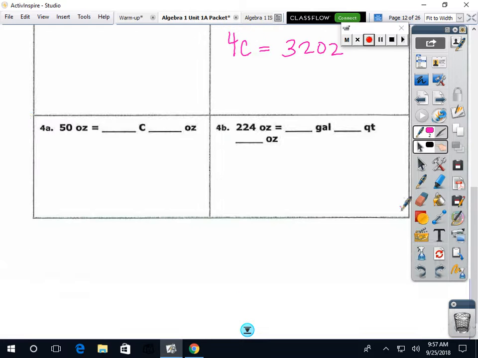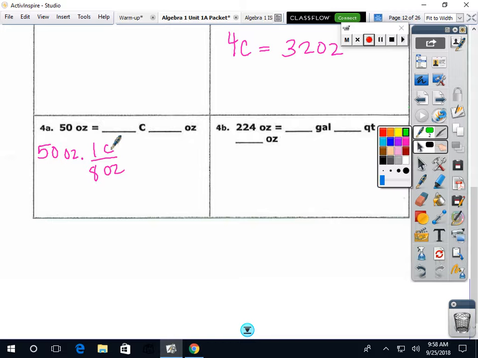5A. We are going to convert 50 ounces into cups and then to ounces. So, Grant, tell me what to do first. Okay. Do we know anything about ounces to cups? Right, 8 ounces in a cup. So now I've finished the chain, and I'm left with 50 times 1 on top and 8 on bottom.